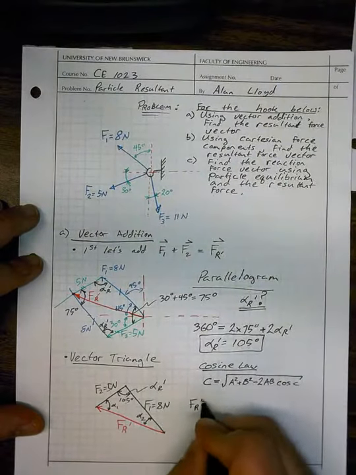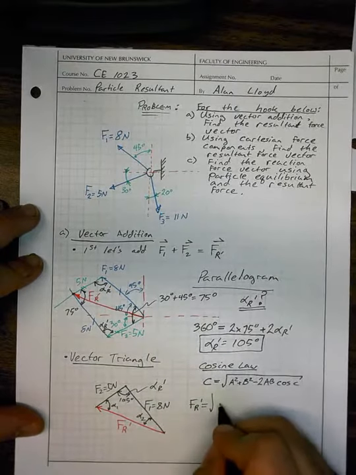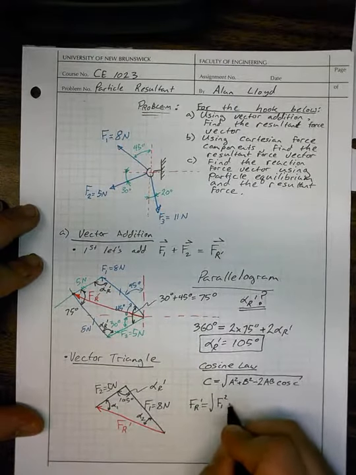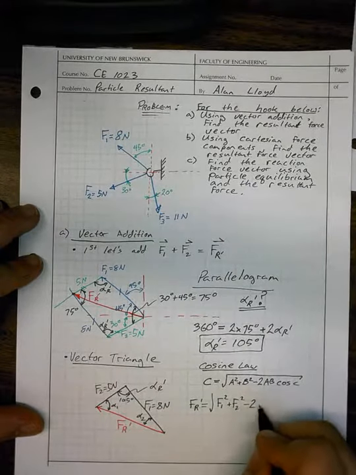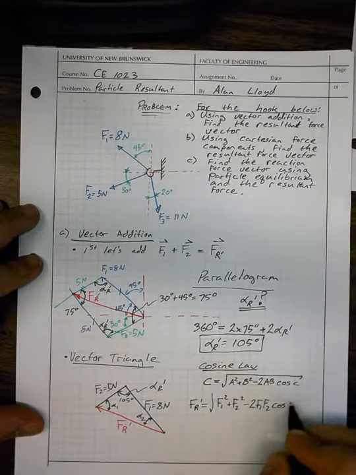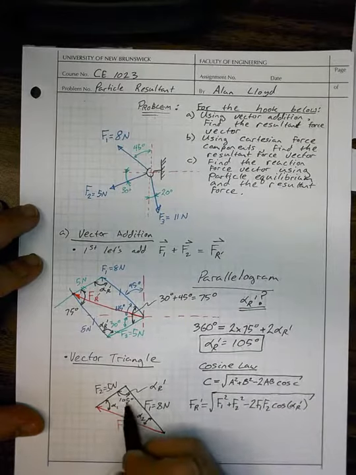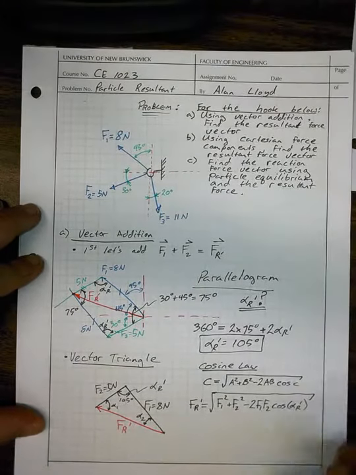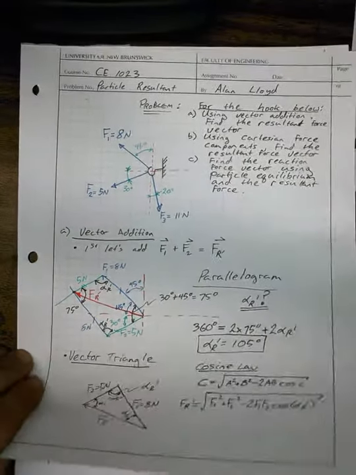FR prime is equal to the root of the sum of the square of the other two sides, F1 squared plus F2 squared, minus 2 F1 F2 cosine of that side's angle. This side's angle is alpha R prime. Now we simply need to expand this and plug in our values.